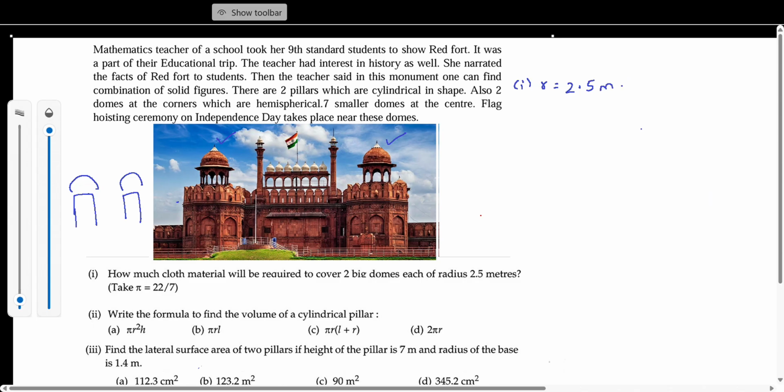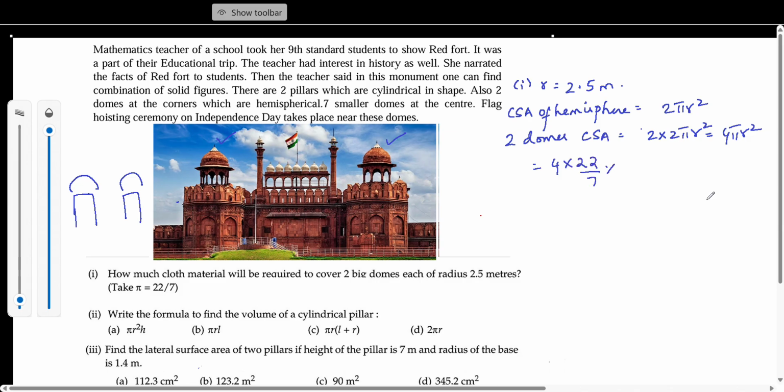The cloth material needed would typically be the curved surface area of the hemisphere. So CSA of a hemisphere, the formula is 2 pi r squared. We have two such domes. So 2 domes CSA would be 2 into this, which is 4 pi r squared. They have specifically asked us to take pi as 22 by 7. So 4 into 22 by 7 into 2.5 into 2.5.